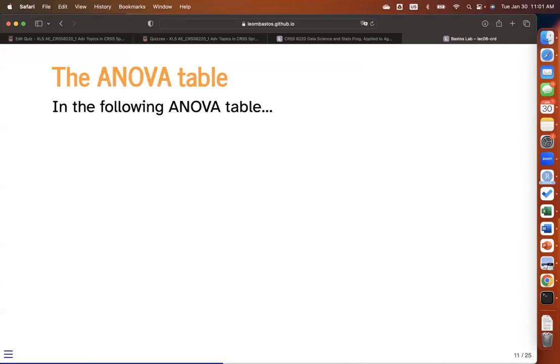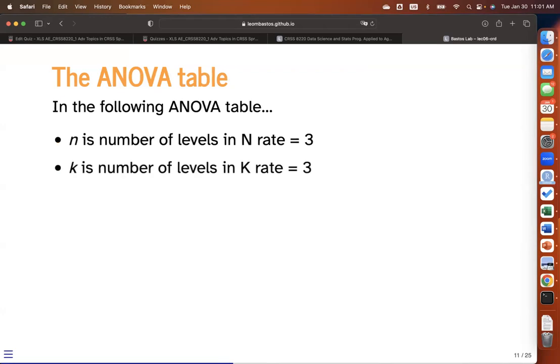Now, let's look at an ANOVA table, on the next slide. Whenever you're studying, going back to the slides, this is just some notation of what you're going to see on the ANOVA table. Lowercase n is the number of levels in nitrogen rate, which in our case is 3 levels.